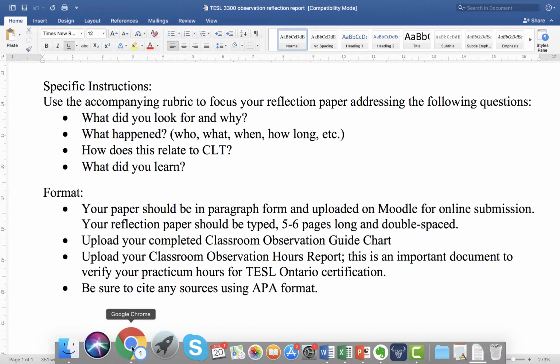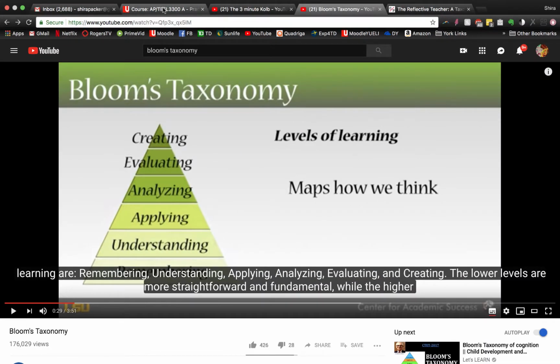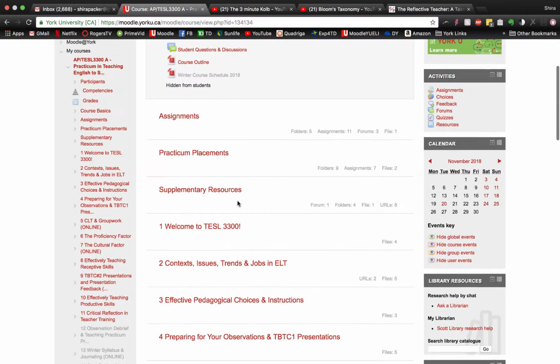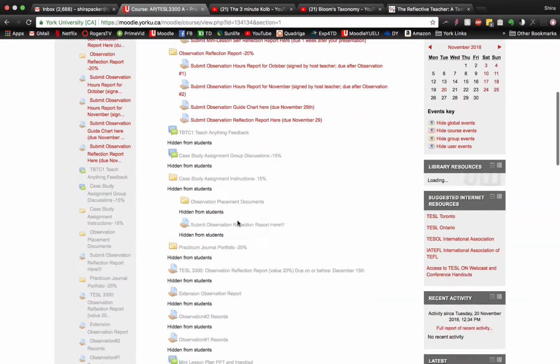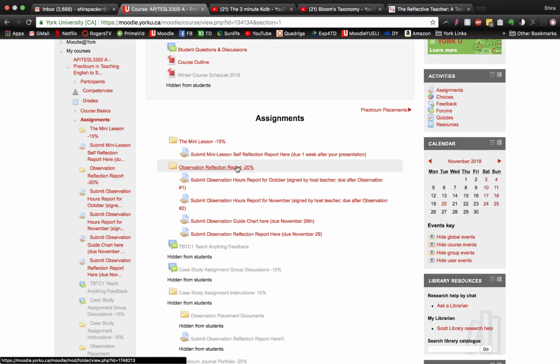So now let's move on to the Moodle, in which you can see where all of this happens. So in the very first section called assignments, sorry, my Moodle looks a little bit different than yours, but in any case, we're looking at the observation reflection report.